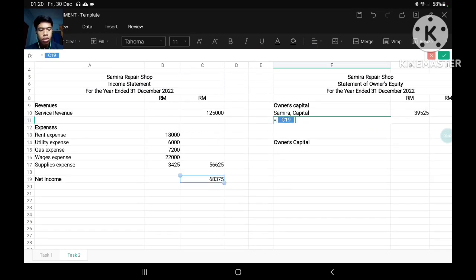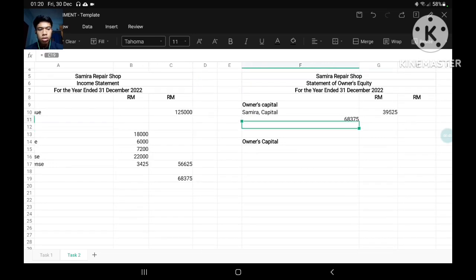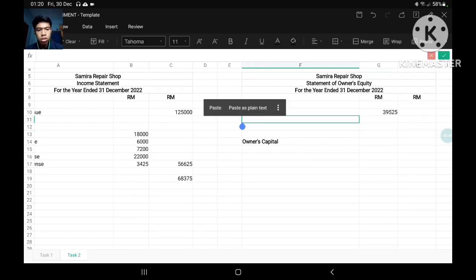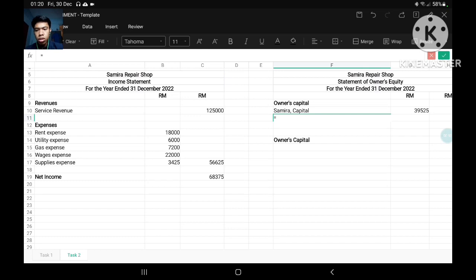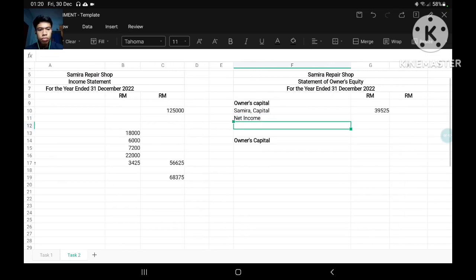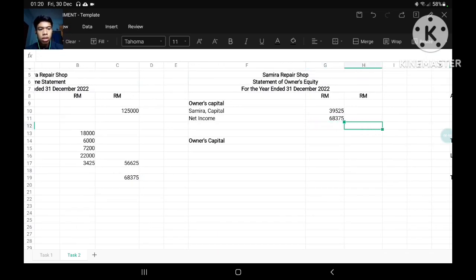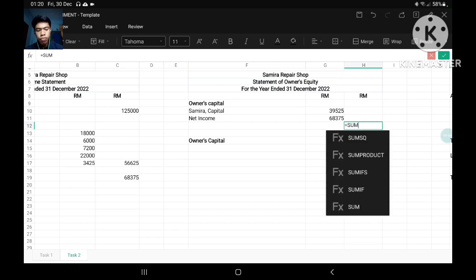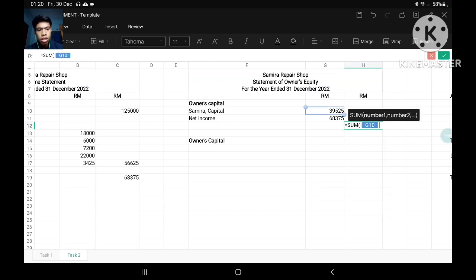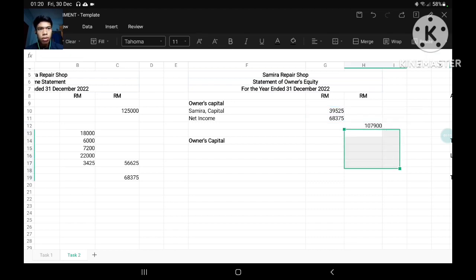Take the income on this table, just equal income, take the amount, enter, and the total just equal sum bracket and enter.